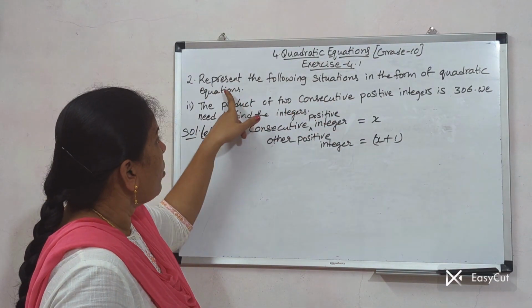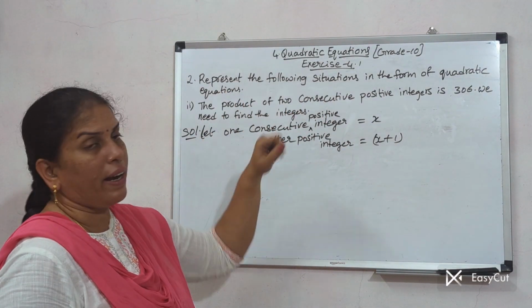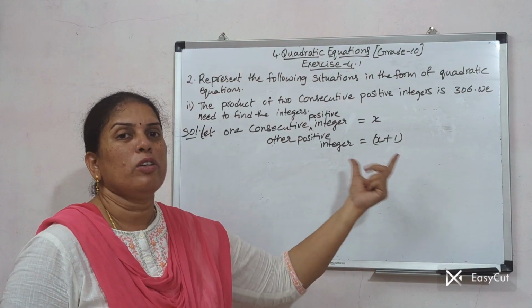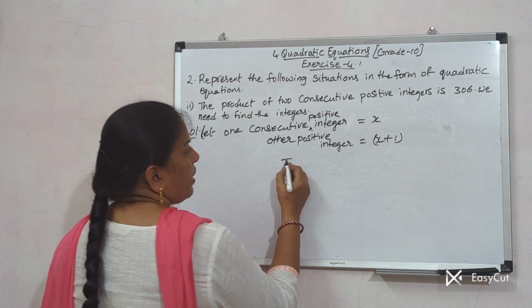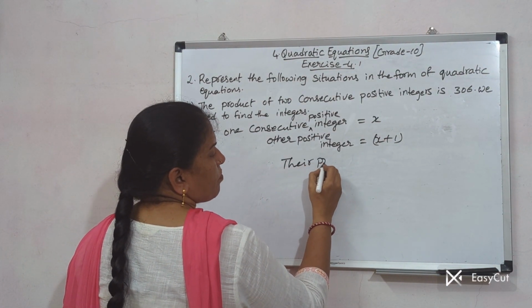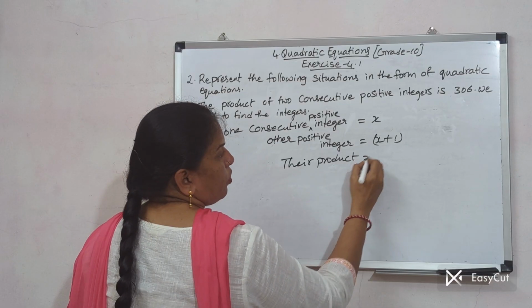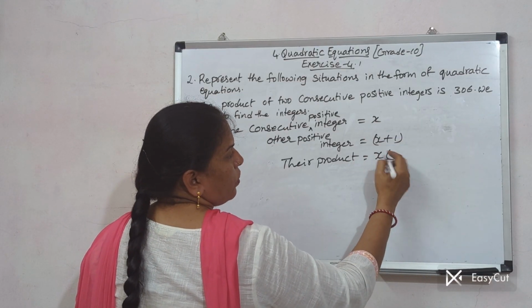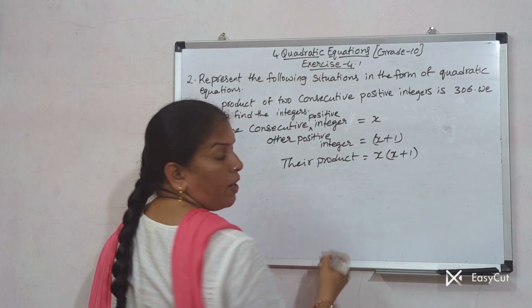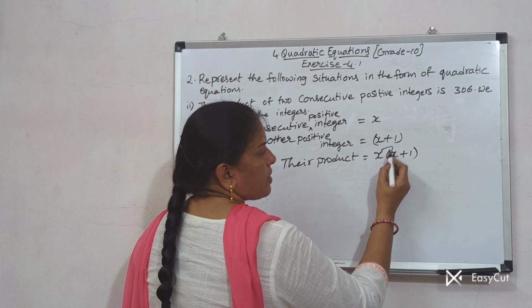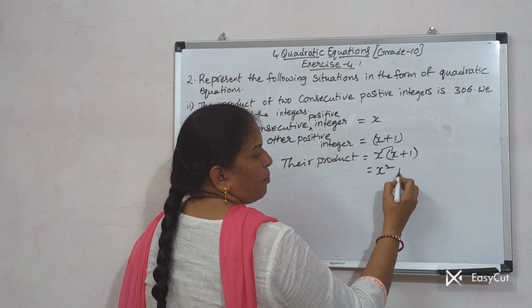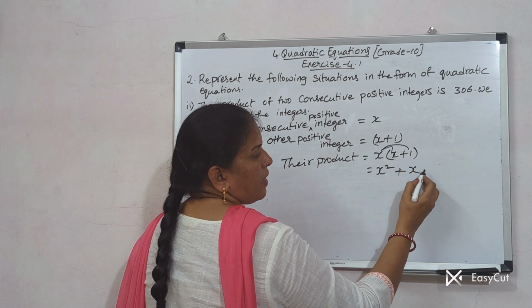Their product, according to the question: product means we must multiply. Their product is x into x plus 1. X into x is x square, plus x into 1 is x.